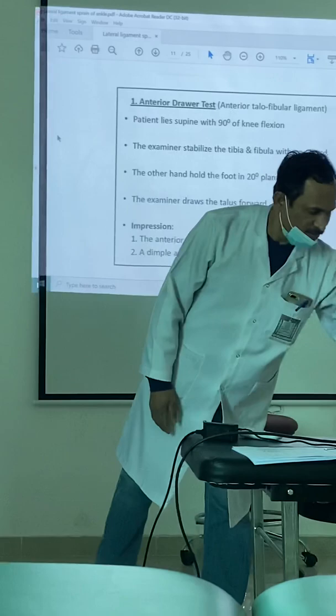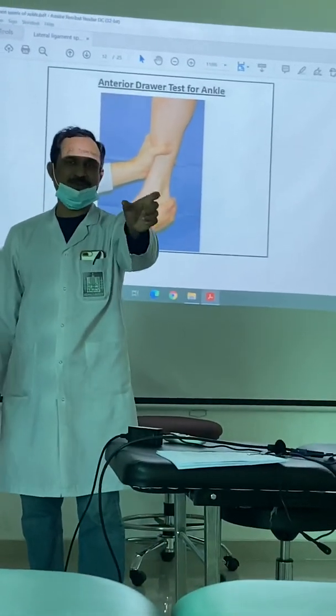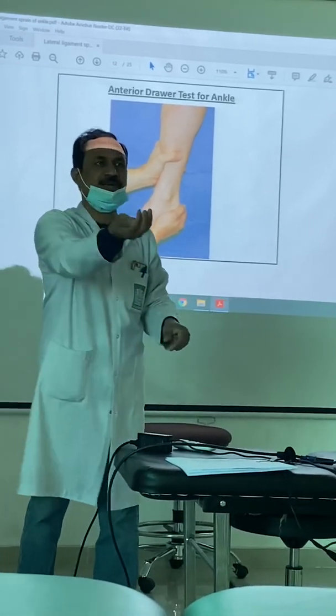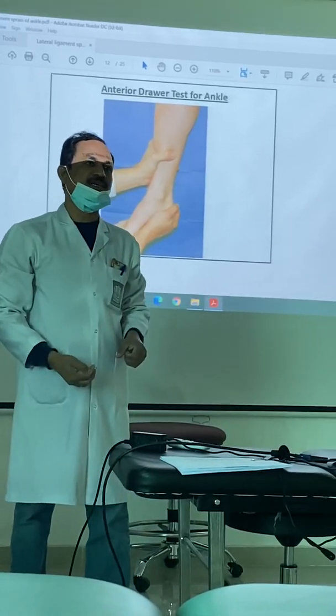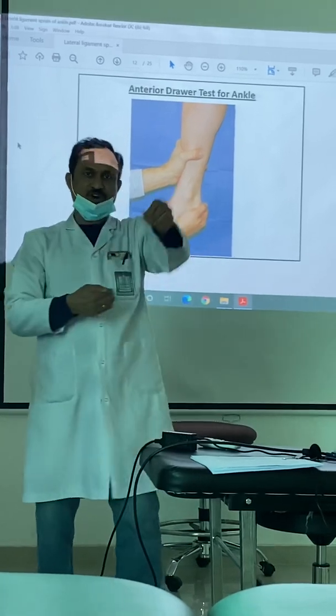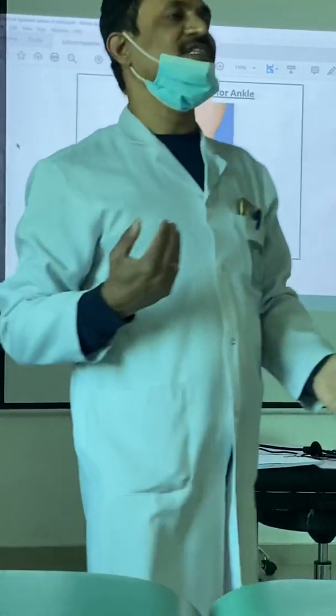So this is the method of testing. Hold the tibia and fibula, stabilize them, and have the other hand like a cup. Hold the calcaneum and draw it anteriorly. When you draw, keep the ankle in 20-degree plantar flexion. Check whether there is excessive anterior translation or not.